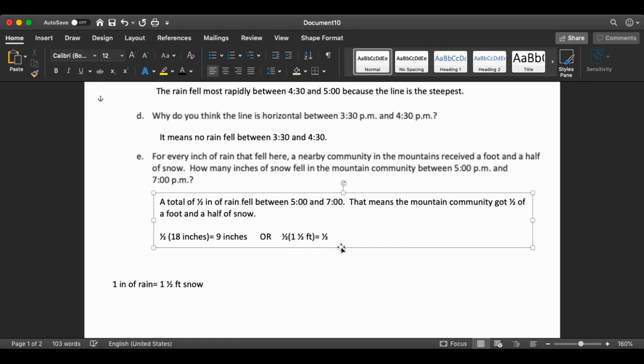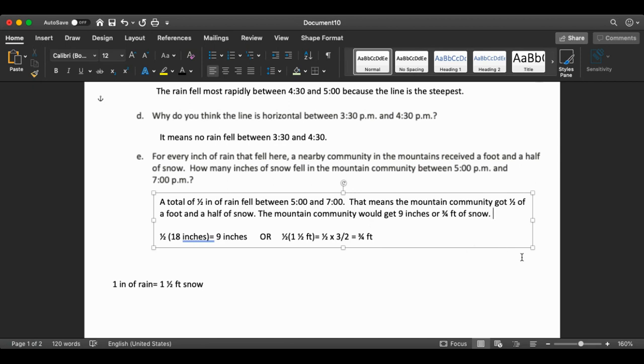So I'm actually doing 1/2 times 3/2. You can do that on your own, maybe in your head, but it is 3/4 of a foot. So to answer the question, the mountain community would get 9 inches or 3/4 foot of snow.